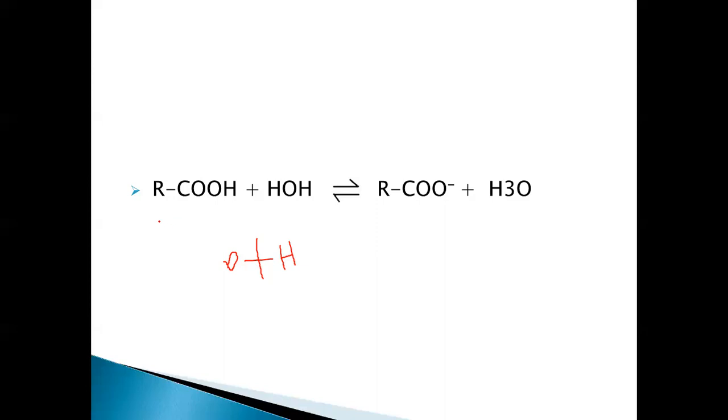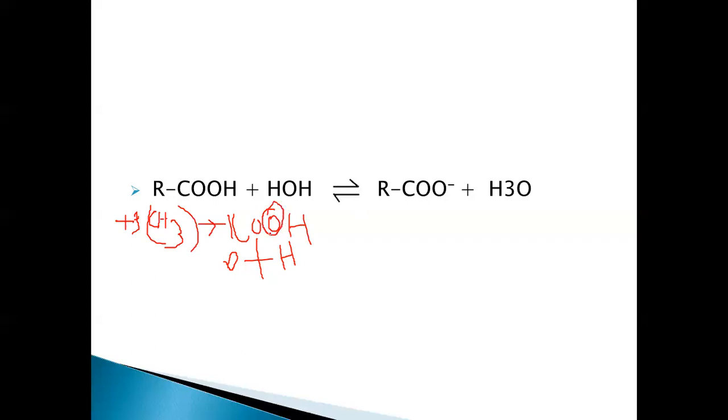So for example, when we take the CH3 here instead of R, which is a plus I effect group, that means it will donate the electrons into the system. Then the availability of the electrons on the oxygen is more here. Availability of the electrons on this oxygen is more.